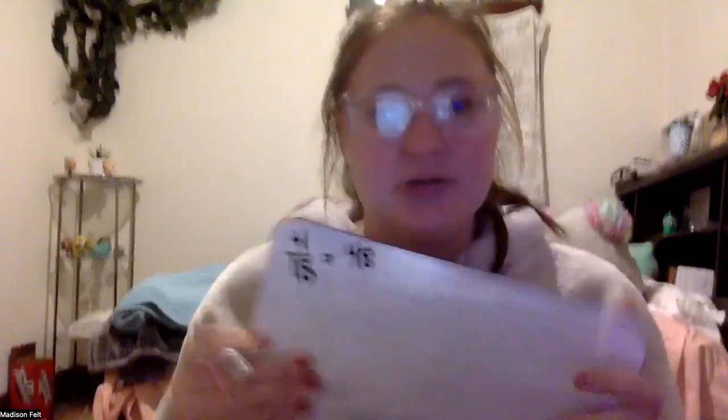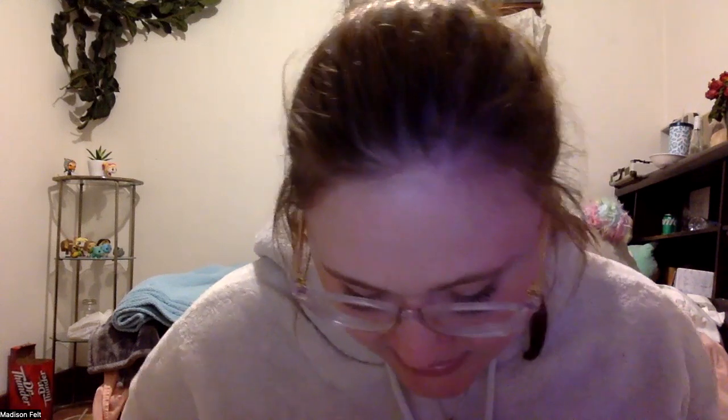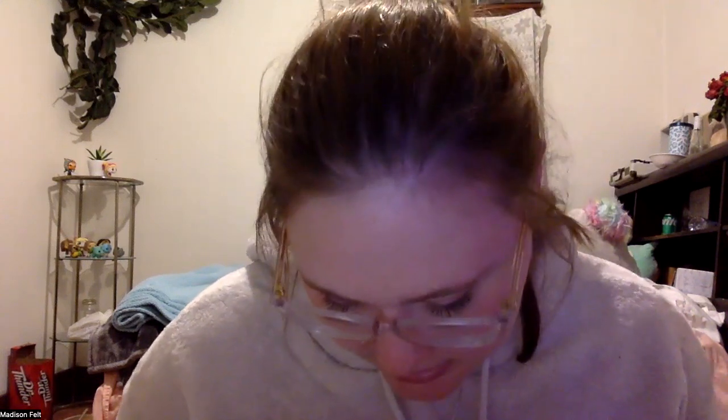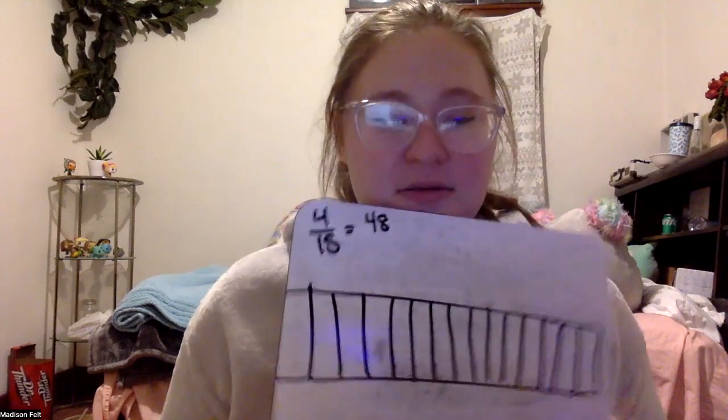And I'm going to go back to that fraction strip, and we are going to split those into 15 again. So 1, 2, 3, 4, 5, 6, 7, 8, 9, 10, 11, 12, 13, 14, 15.